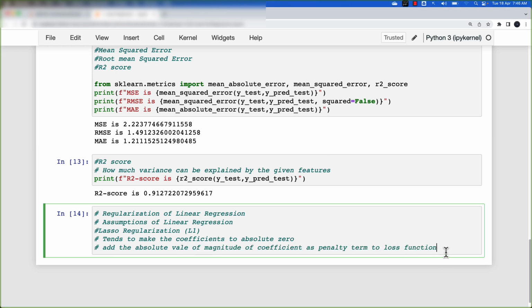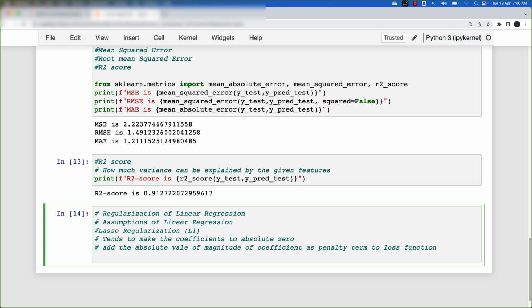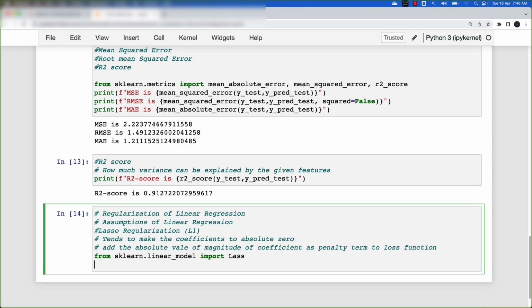So here, in case I want to apply this lasso regularization, I can just import the model from sklearn.linear_model. I'm going to import Lasso, and I can initialize my lasso regularization algorithm, that is the regression algorithm. And for this lasso, I can also control the value of lambda that I had shown in the equation.